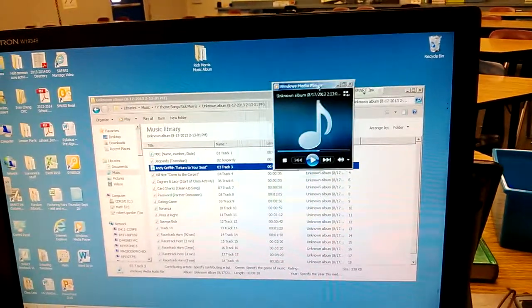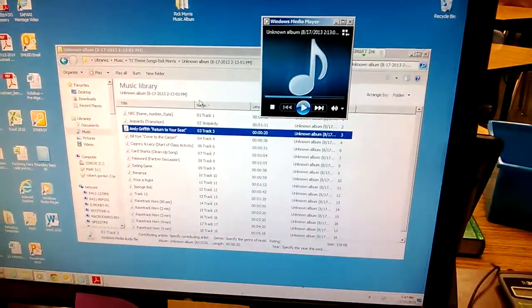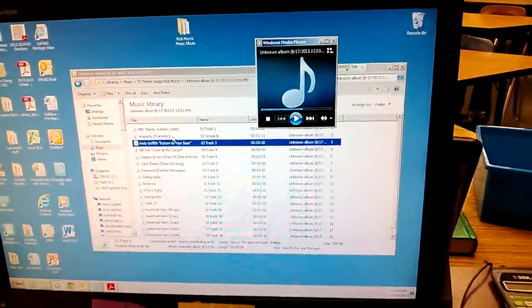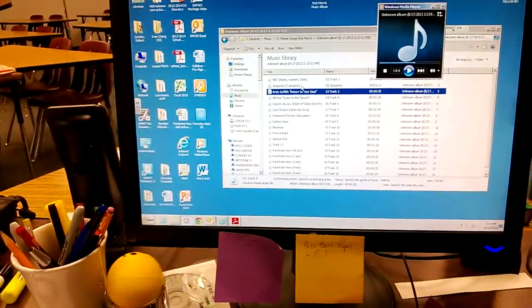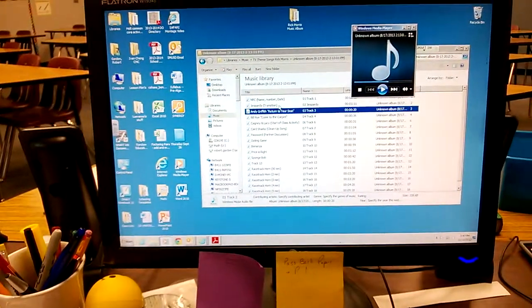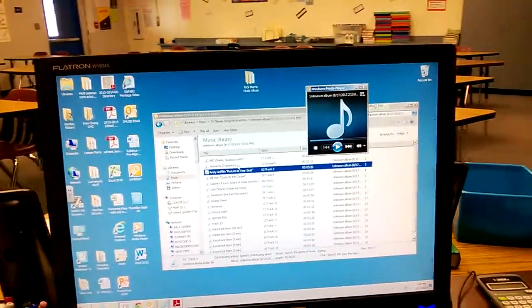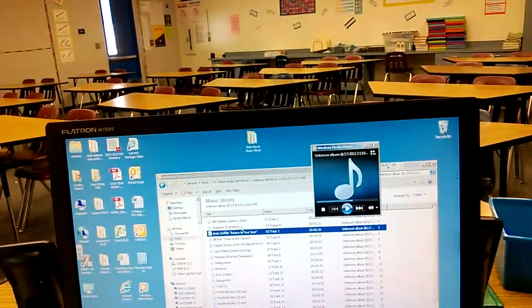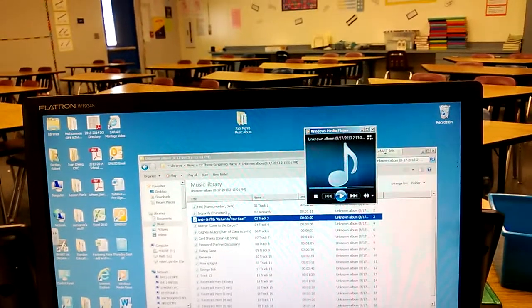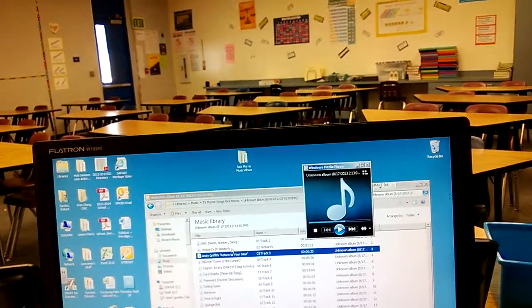Now, students call that the whistle song. I don't think any of them have any idea it's the Andy Griffith Show. I also use this transition music. It gives students a sense of urgency because they know it is expected of them to be ready for the next activity when the music stops.